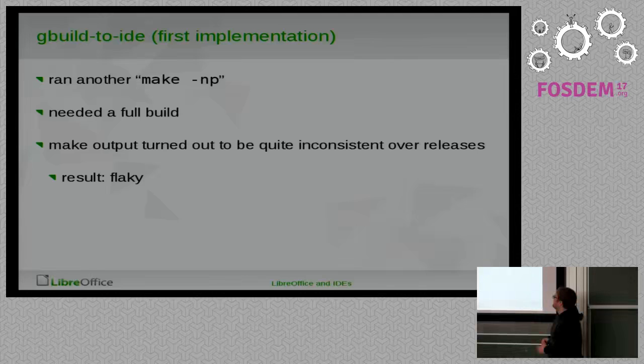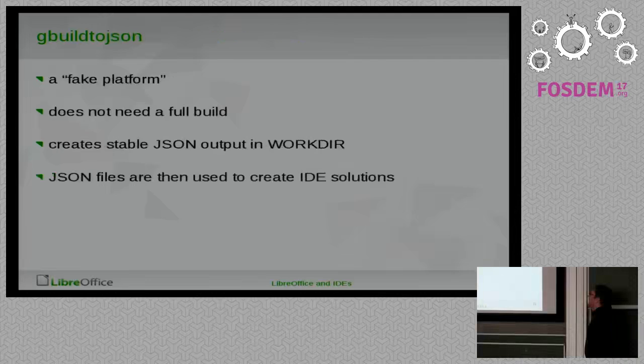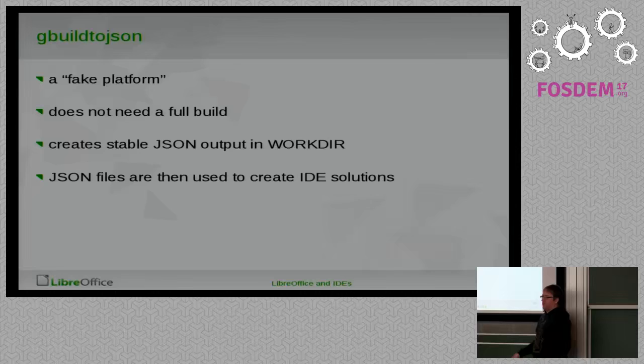So I reorganized that and did all the tricky stuff in the build system itself, and then it just dumps that in JSON, so that a simple Python script can read that and translate it to whatever IDE you want to have. So this is the solution right now, and I think it mostly is reliable.